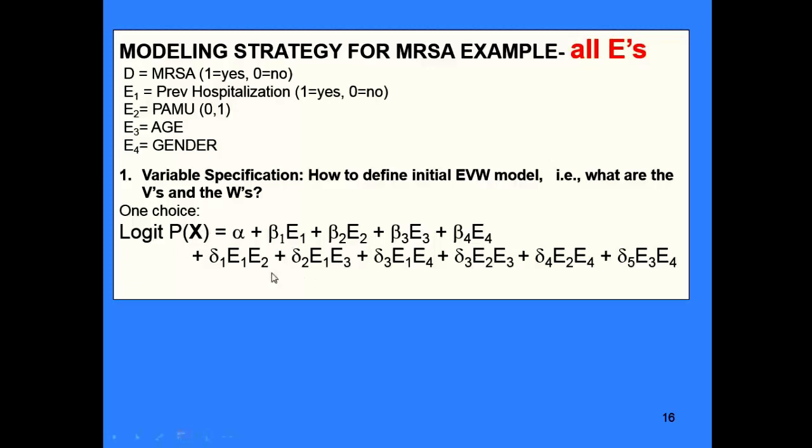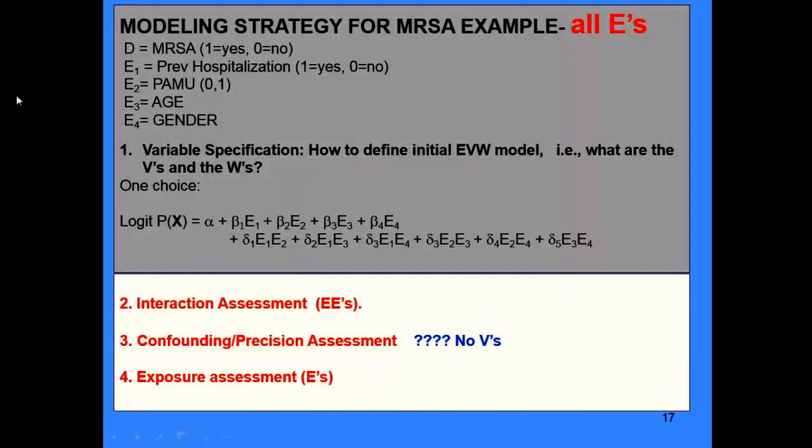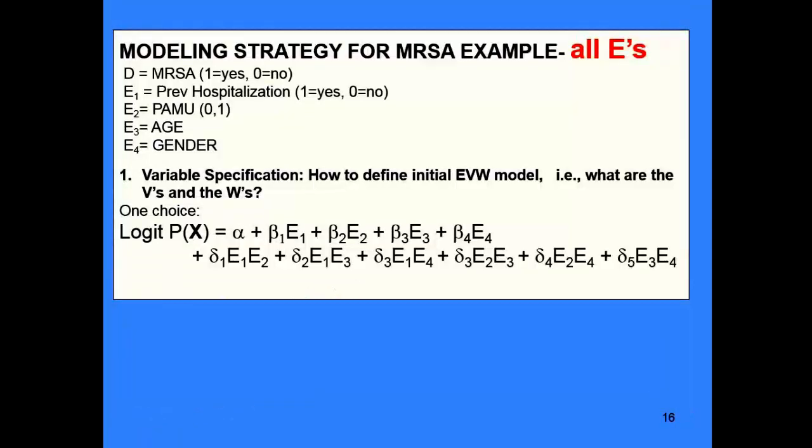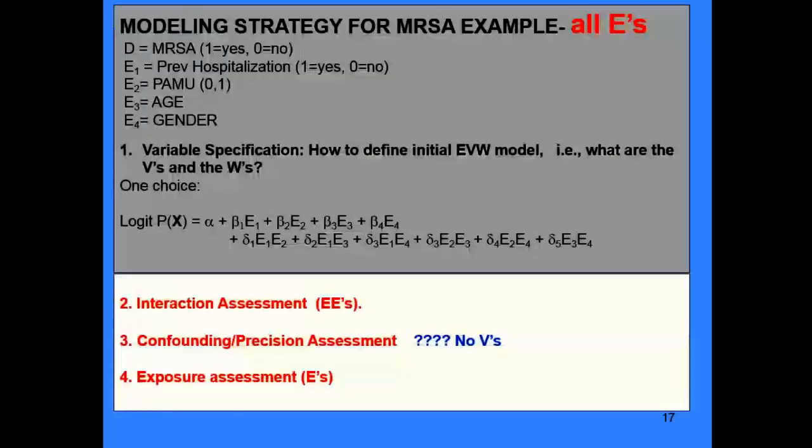Once we decide whether we're going to keep any or all of these product terms, the next step would be to decide whether we're going to deal with or drop any of the E's. So, for example, this was the model that I started off with.